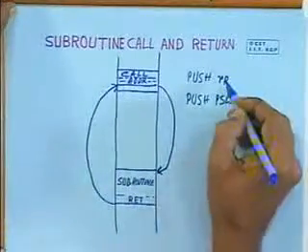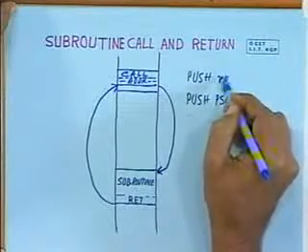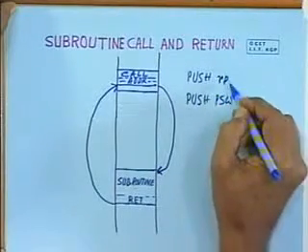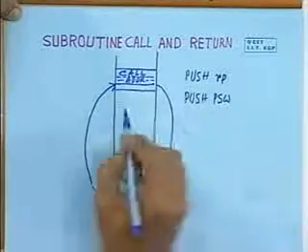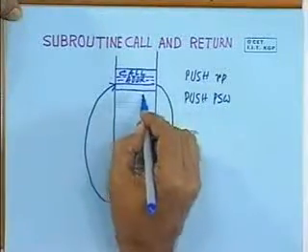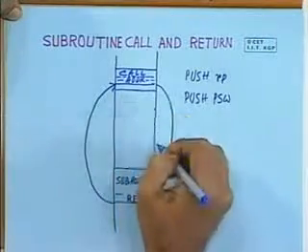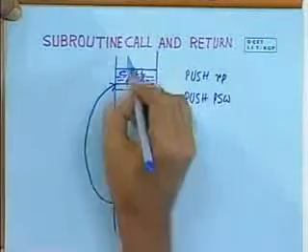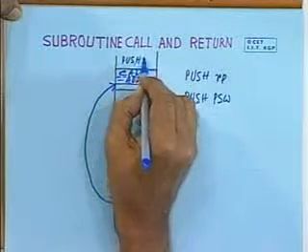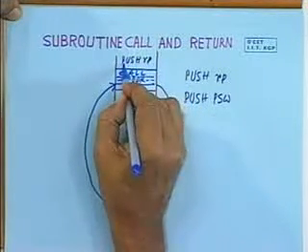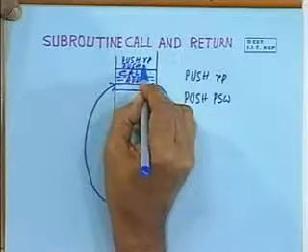That means if any registers are holding some useful result, then before calling the subroutine, somewhere here you should perform those push operations, push register pair or push PSW.